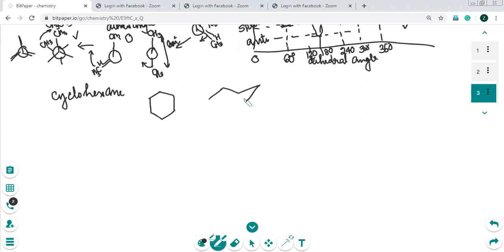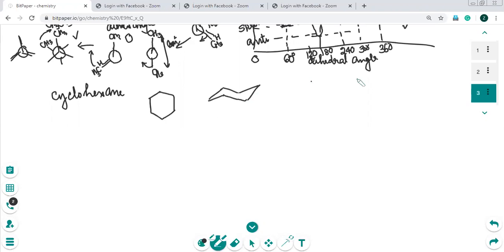Make sure that you draw the correct cyclohexane in the correct fashion. Pretty difficult. Most textbooks will teach you how to draw. Make sure that you don't draw in any other fashion.